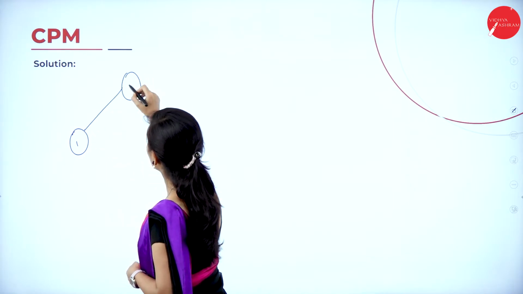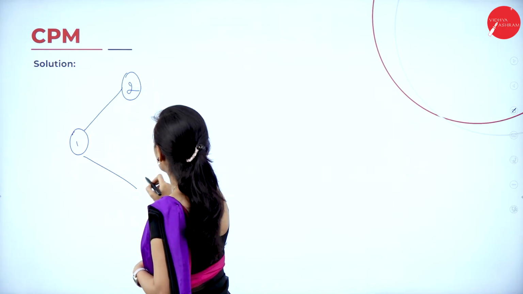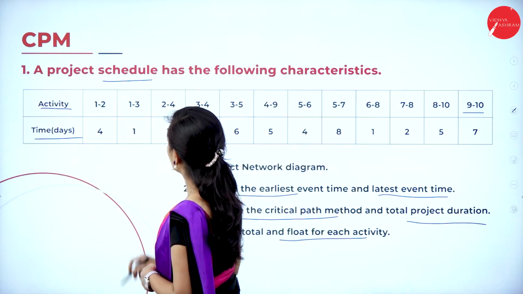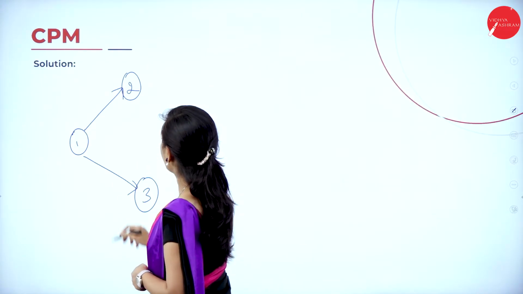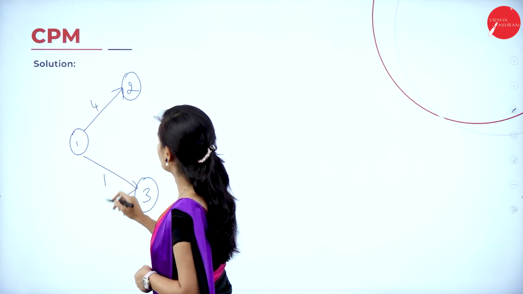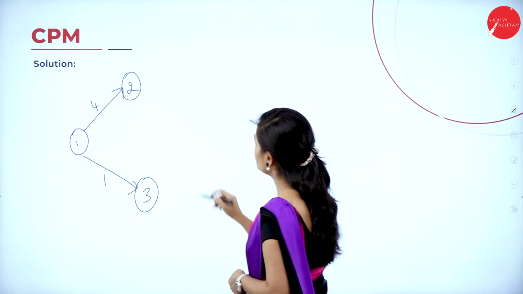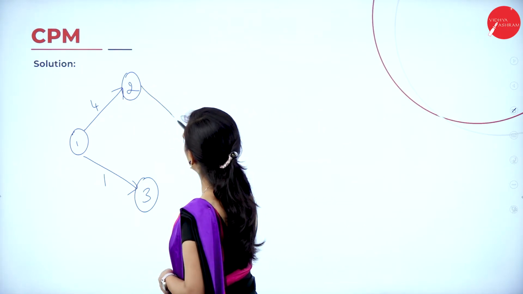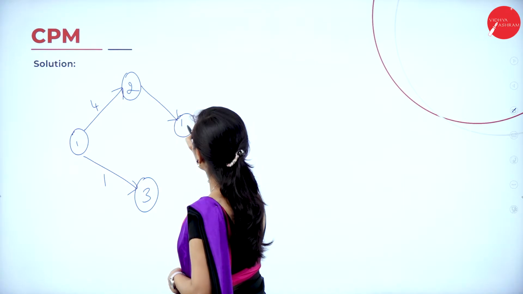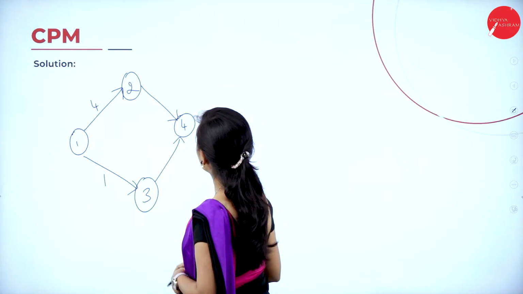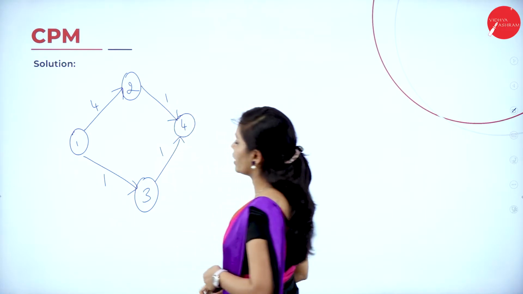1 to 2 and 1 to 3. So the duration is 4 and 1. 1 to 2 is 4, 1 to 3 is 1. Next one is 2 to 4 and 3 to 4. For 2 to 4, it is 1 and 3 to 4 also 1.